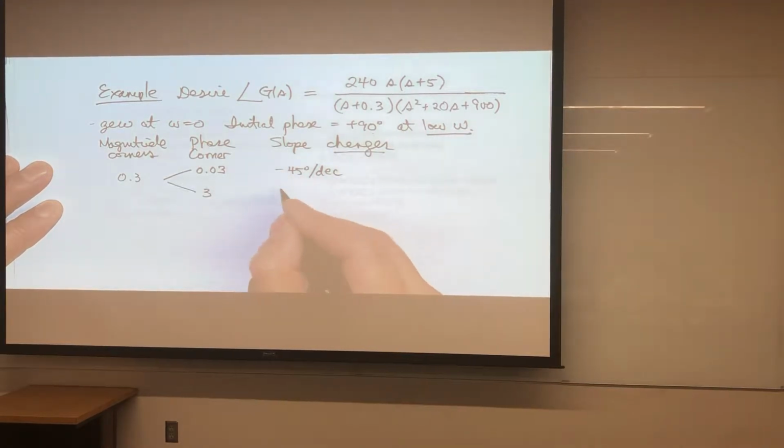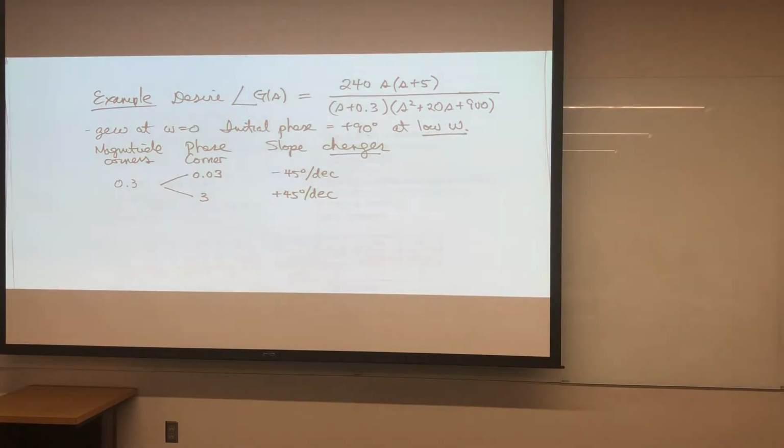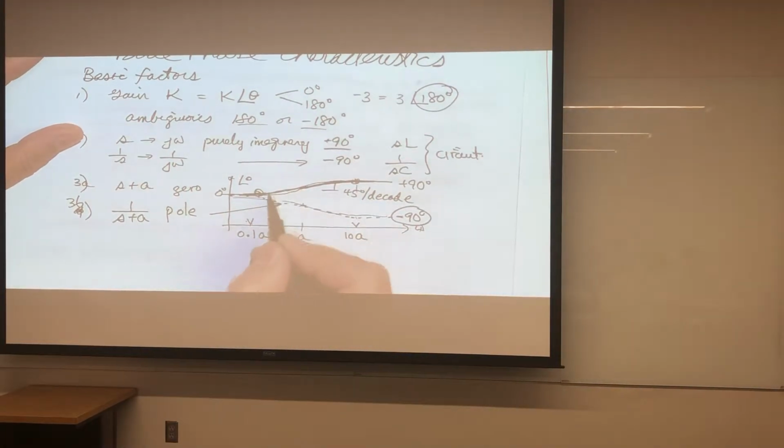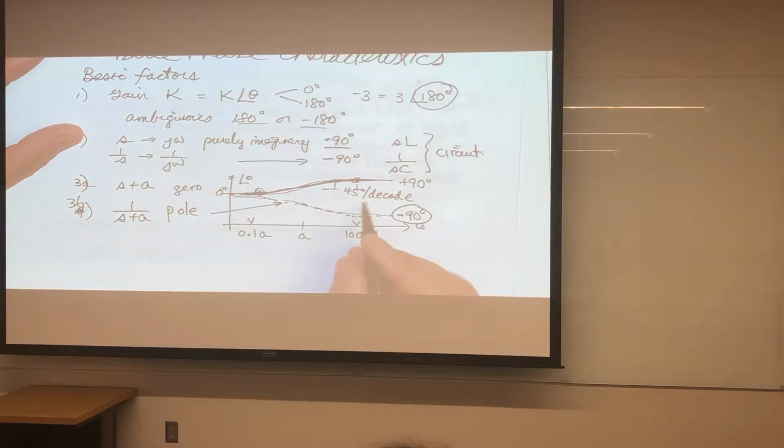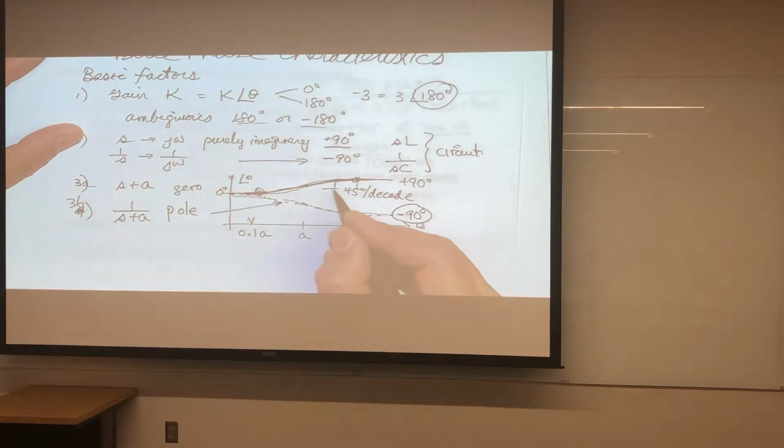Here, the change is going to be plus 45 degrees per decade. Let me bring back the picture of the first order pole. It's this one right here. I hit the corner, and then the slope changes to negative 45 degrees per decade. And then here, it increases to plus 45 degrees per decade and becomes flat again.